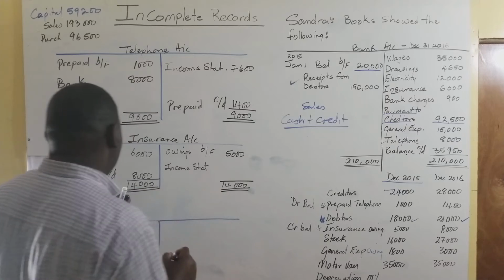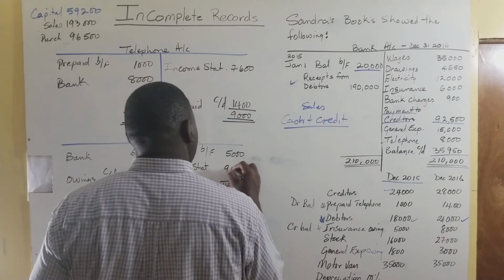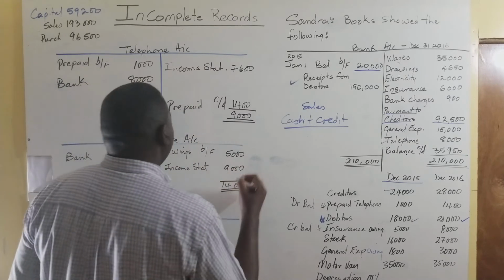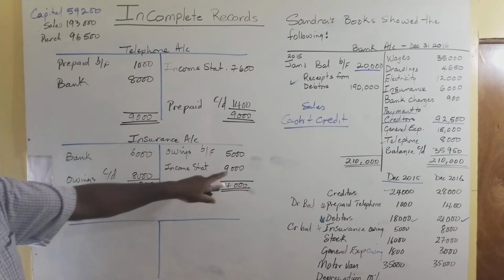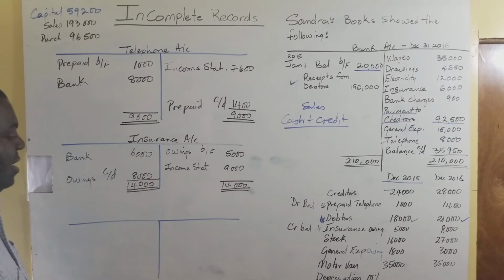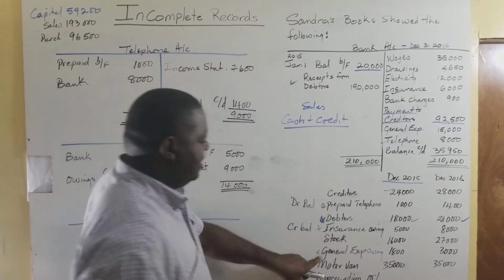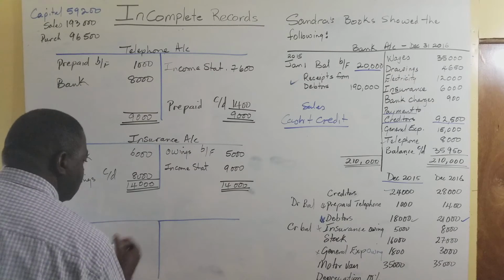When we take 5 from it, we're going to get 9. So the figure for insurance to go to the income statement will be $9,000. All right, we have one other expense here that we need to adjust. That is general expense. So we open general expense.